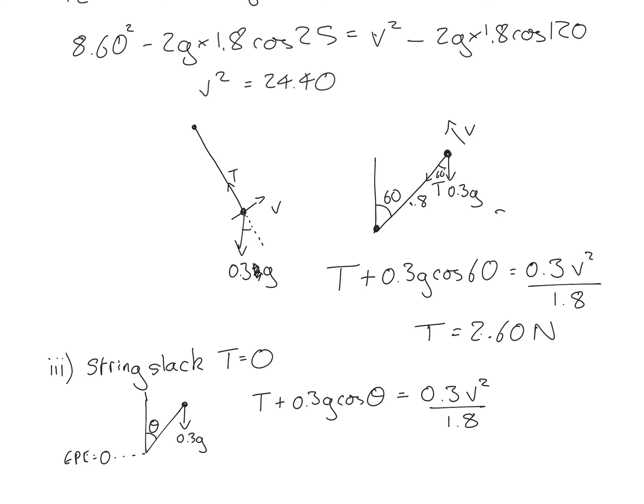And we know that T is 0. Okay, so that gives us one formula that gives us theta, the relationship between cos theta and V squared. But we also know that it's still true that the energy equation that we had at the beginning, so let's go and have a look at that.